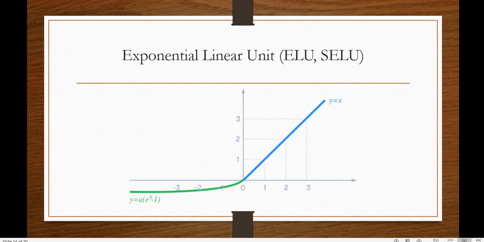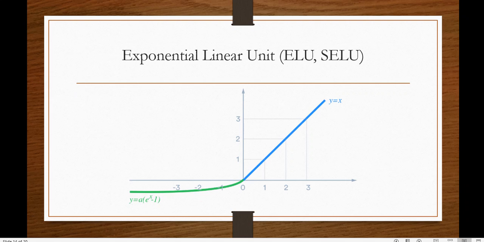Now there is another type of ReLU known as the exponential linear unit, ELU. So here what is the difference? Again the positive axis is the same, that is y equal to x, but in the negative axis an exponential function is used. So here you can see y equal to a into e to the power x minus 1.